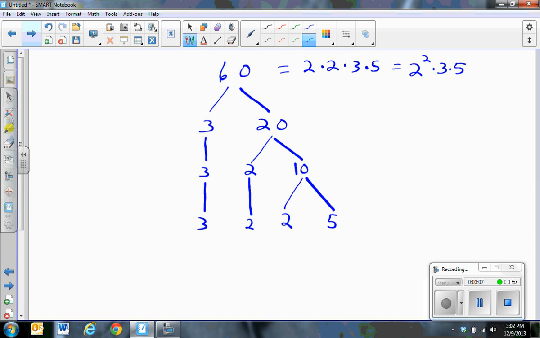Okay, so just checking, 2 squared is 4. 4 times 3 is 12. 12 times 5 is 60. So I checked it. Okay, so I want you to be checking each one. Let's do one more, and then we'll be good.